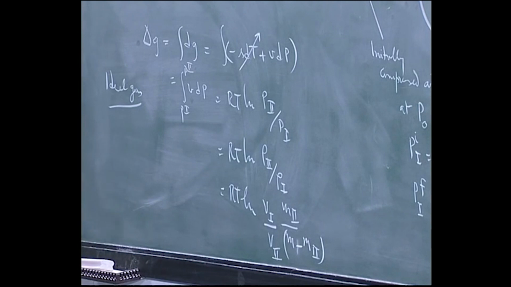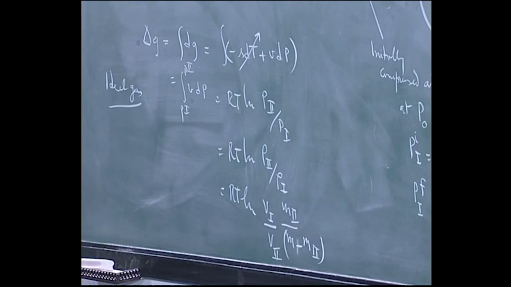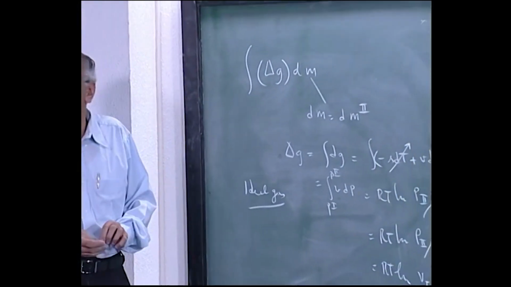I am not doing it for methane, I am doing it for the ideal gas right now. For methane you have to do the same thing, but you have to do it numerically by going along the isotherm. Or I can give you an equation of state, something like van der Waals equation of state to describe methane, then you will do the integration using V from the van der Waals equation of state.